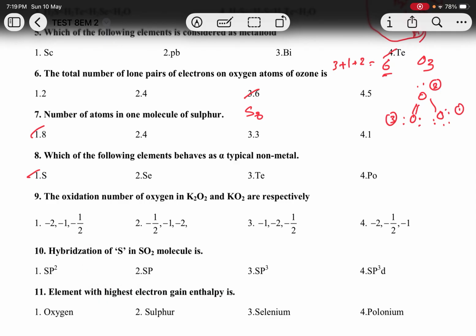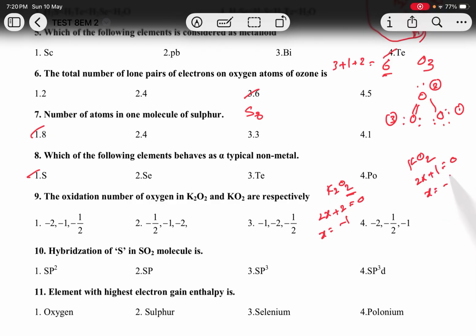The oxidation number of oxygen in K2O2 and KO2 are respectively. In K2O2, consider the oxidation state of 2 oxygen atoms as 2X. In potassium, each potassium has plus 1 charge, 2 potassium plus 2, equal to 0. So X is equal to minus 1. In the case of KO2, 2X plus 1 equals 0.